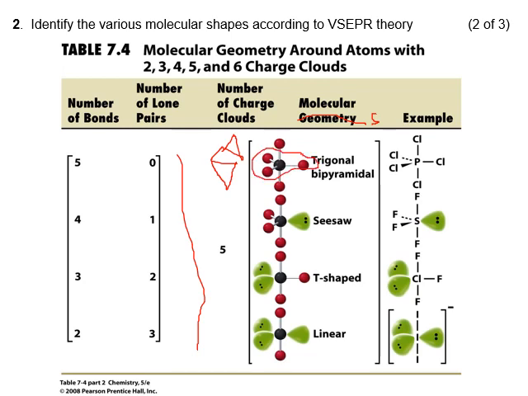So first of all, if we remove this one right here and replace it with a lone pair, then we still have electronic geometry of trigonal bipyramidal. But because we removed an atom and replaced it with a lone pair, the molecular shape is no longer trigonal bipyramidal, it's a seesaw. If we remove a second one, so now we've removed 2 atoms replaced with lone pairs, now we have a T-shape for the molecular shape.